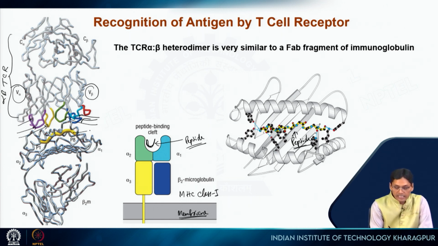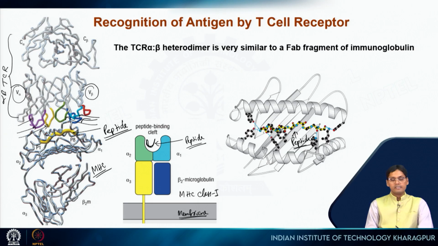Here this thick yellow structure is the peptide, the antigenic peptide which is being presented by this MHC molecule. Now, as you can see, this red portion is a little different. This is hypervariable loop 4.